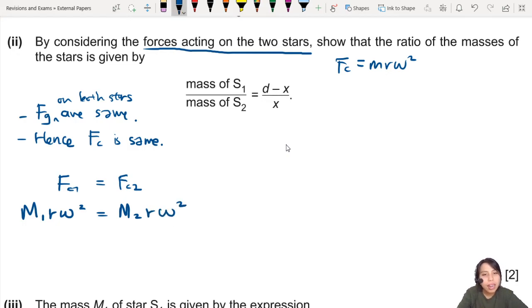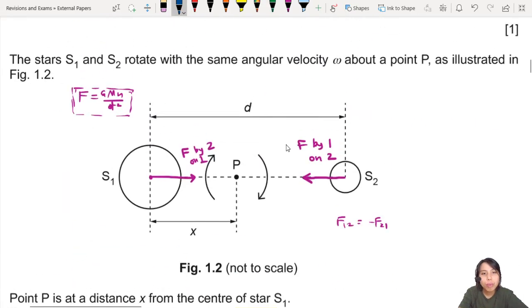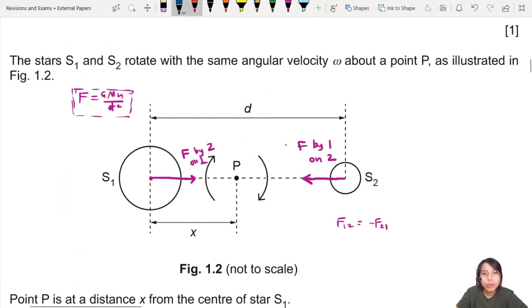What is the R? Are they the same? Scroll back up. R is going to be the distance from the center to the star. So this will be the R for number 1, because it's going to rotate about the point. How about for the other one? This will be the R, the orbital radius for number 2.